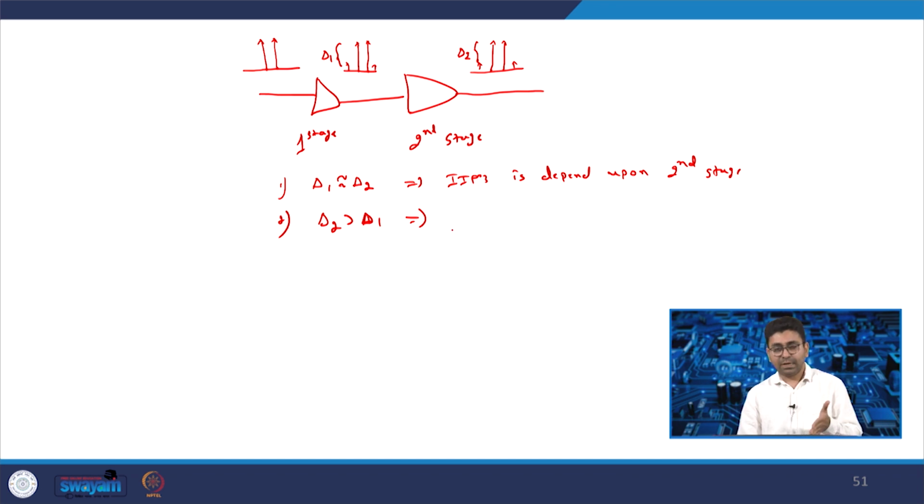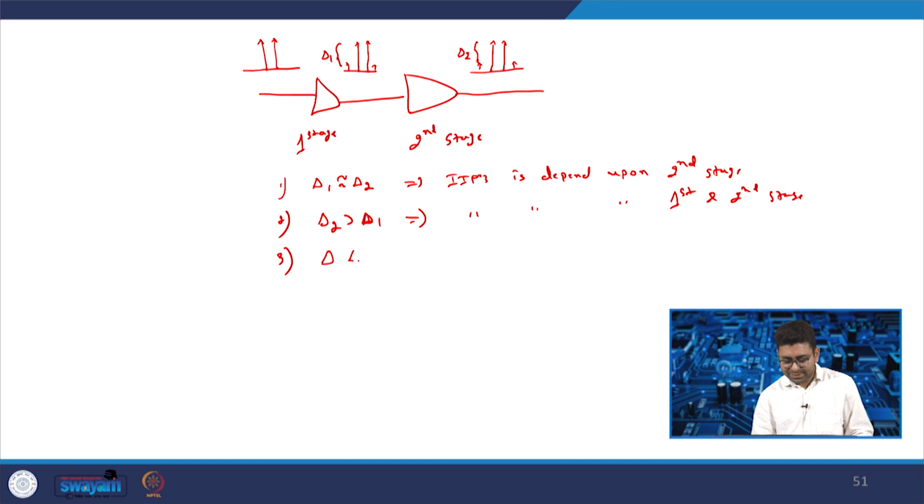So the non-linearity of the first stage will continue. So your IIP3 depends mostly on the combination of the first and second stage.